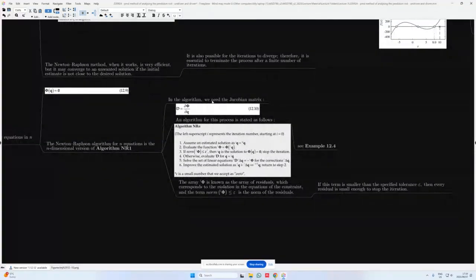And in the algorithm, we now need the Jacobian matrix, which is essentially the multi-dimensional version of the derivative that we considered previously. An algorithm for this process is stated over here in algorithm NRN.